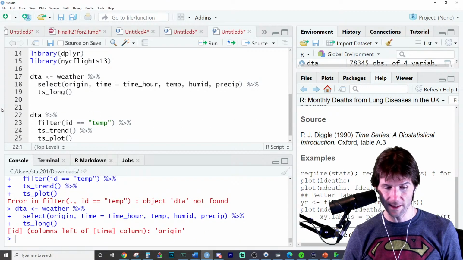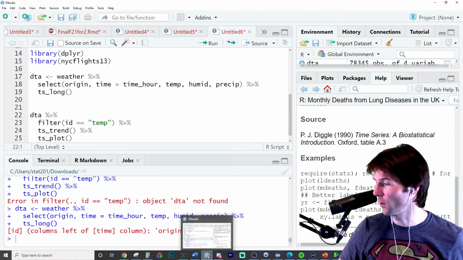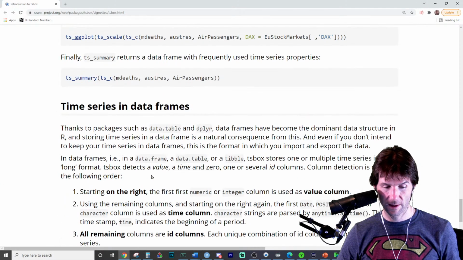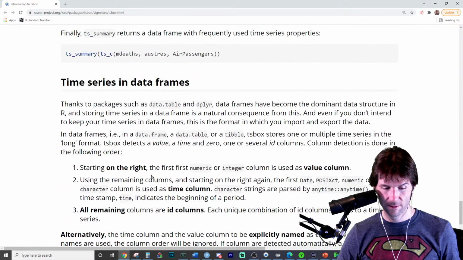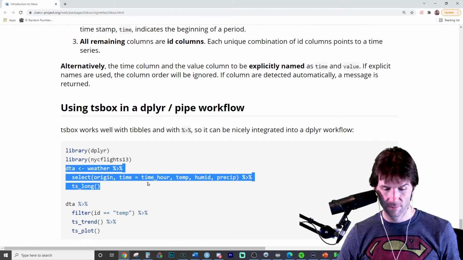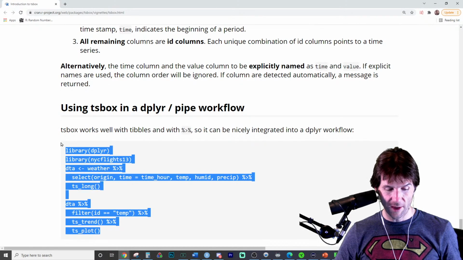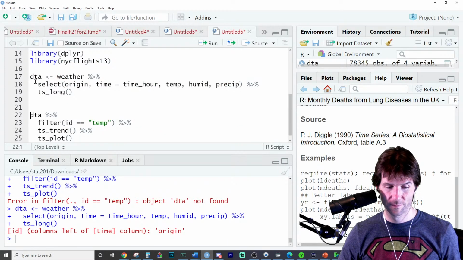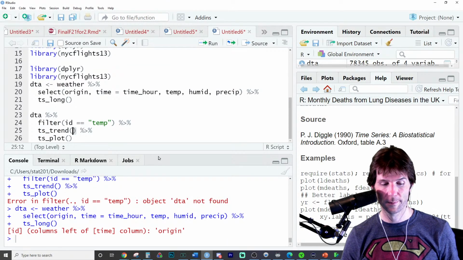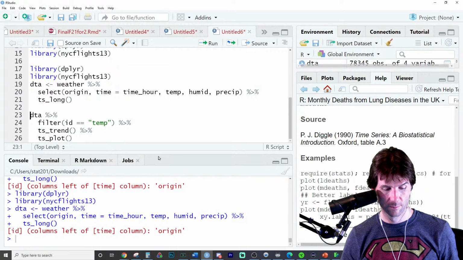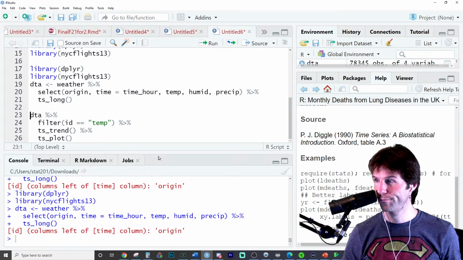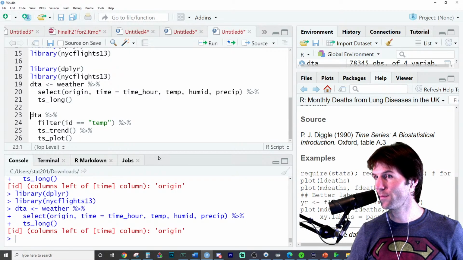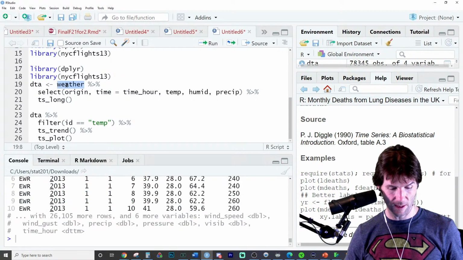What are they doing with this code? If they claim this code works. Try it again. The code doesn't work. The weather data set.